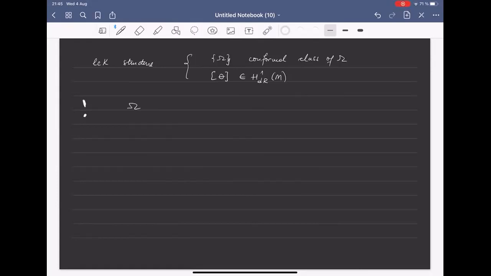So if omega is Kähler, then this conformal metric is Kähler if and only if f is constant.